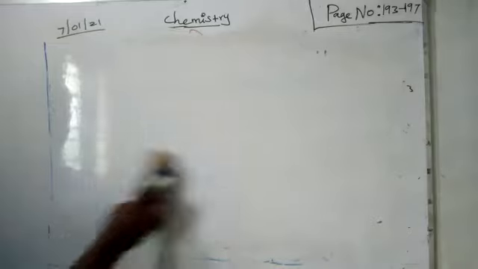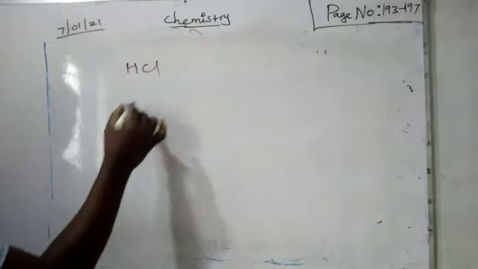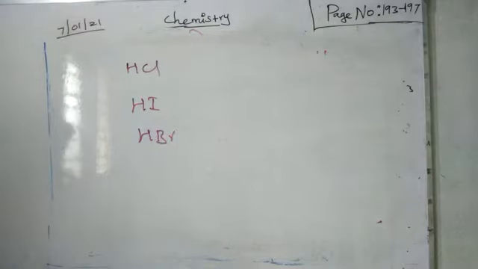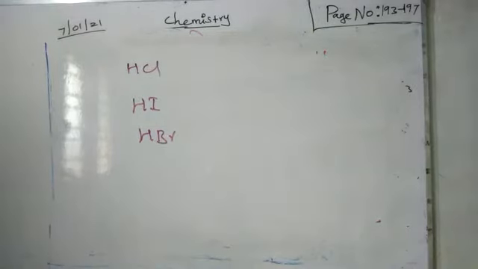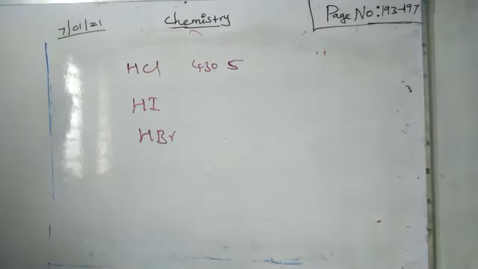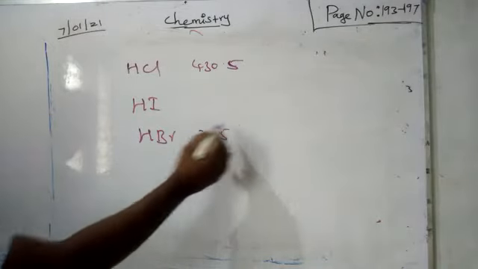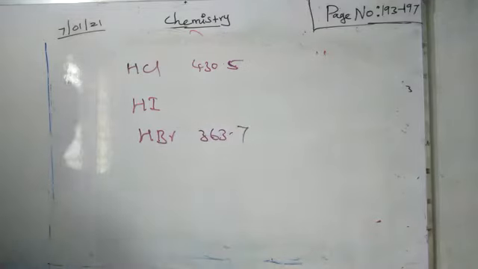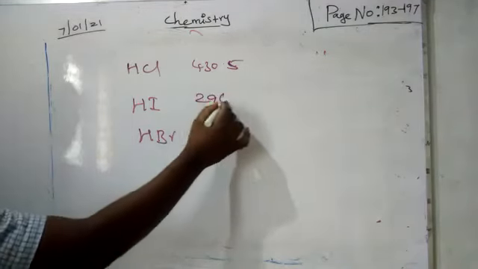Now we are going to compare hydrogen halides. The energy of hydrogen halides HCl, HI, HBr. The energy of HCl is 430.5 kilojoule per mole. HBr is 363.7. HI is 296.8.